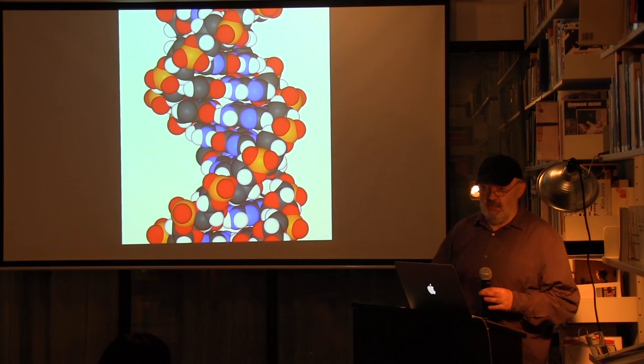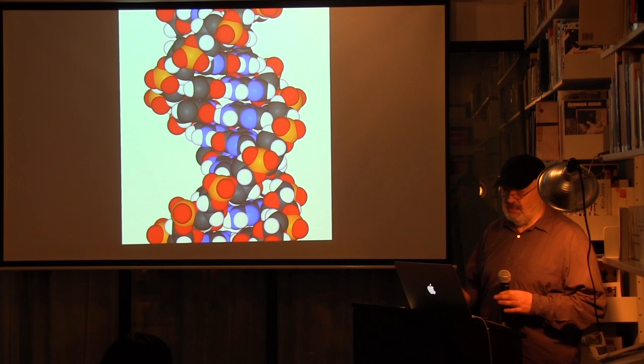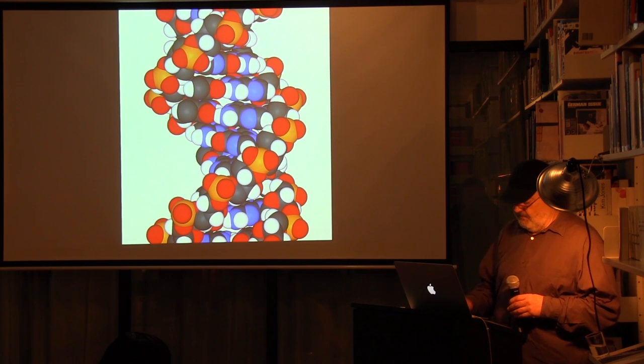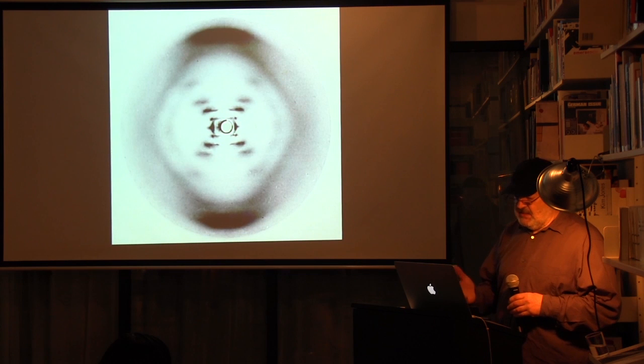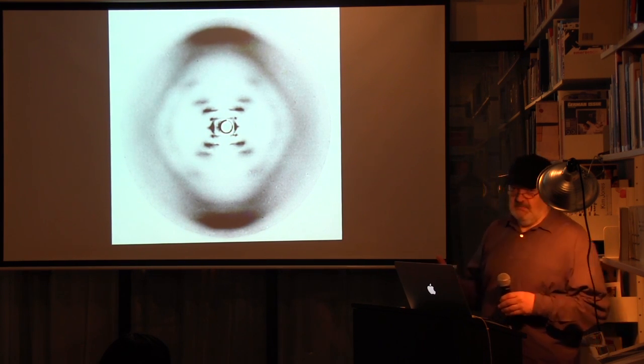But these are all models. This is not DNA. This is just an interpretation. Even we can think of the X-ray picture as an interpretation, but more direct. So for many decades, this was the only picture of DNA.